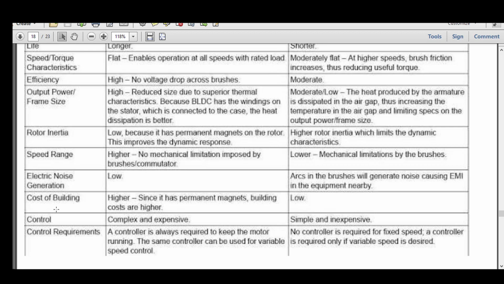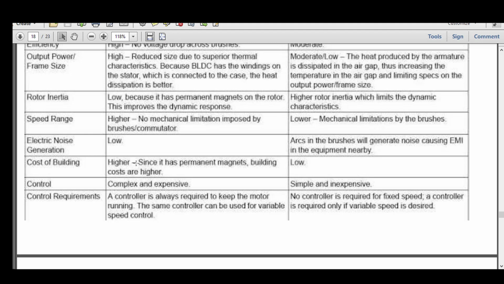Now the cost of this is very high, while the other has a very low cost. The control circuit is very complex and expensive, and also closed loop. Try to understand, because every commutation takes place based on the rotor position. In the case of the brush motor, it is not done in that way, and this is just the difference.